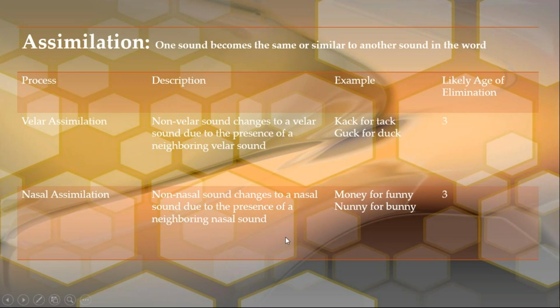So that's when a non-nasal sound changes to a nasal sound because there's another nasal sound in the word. So for funny, the N sound is the nasal sound and the F is the non-nasal. But because there's a nasal sound in there, they're turning funny into money. Same thing with bunny. Because there's an N sound, they're turning the B into an N sound. And this should be eliminated developmentally by the age of 3.